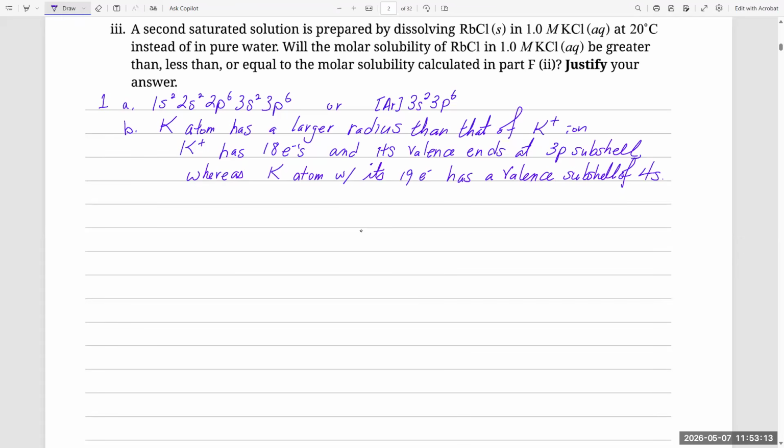So therefore, K plus has fewer shells than that of the K atom. All right, so let's move on.